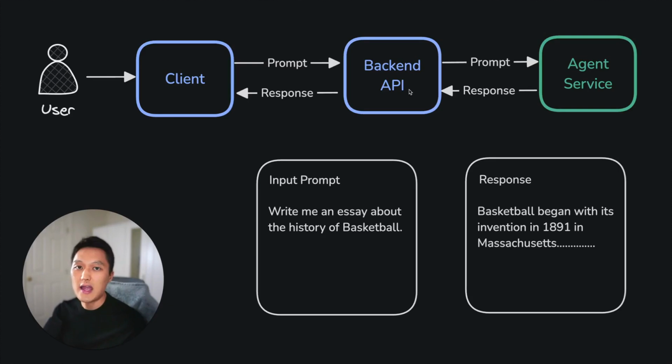Anytime you have any kind of service, typically you have the front-end client and then you have the backend API, and then there's a set of different application logic that will handle this. So right off the bat, this client and the backend simply form a chat service. And then you have a dedicated agent service that handles any kind of logic that deals with how the prompt should be processed in order to generate that response.